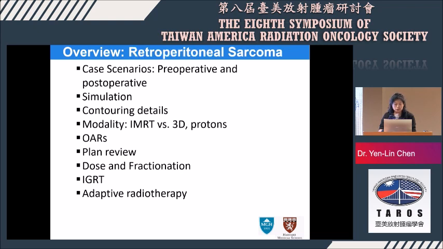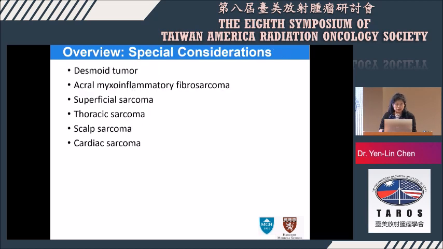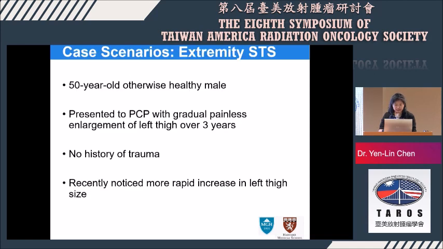I'll do the same for retroperitoneal sarcoma, and at the end, if we have time, I'll go over some special case scenarios involving a desmoid tumor, epithelioid inflammatory sarcoma, superficial sarcomas, thoracic, scalp, and cardiac, some of the rare sites.